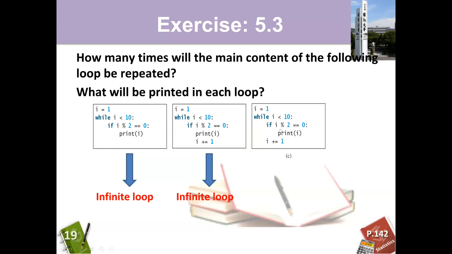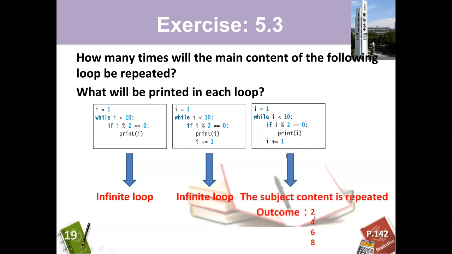So we can predict in this case, first we will print 2, 4, 6, 8, but never 10, because when I equals 10, it is no longer smaller than 10 and it will quit the loop.